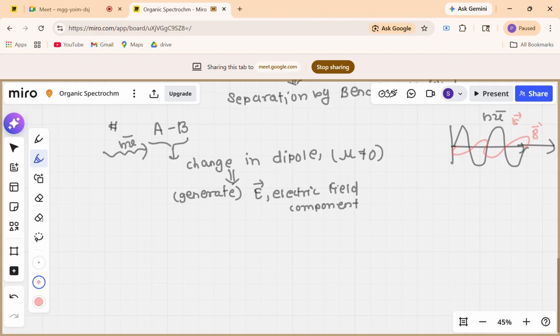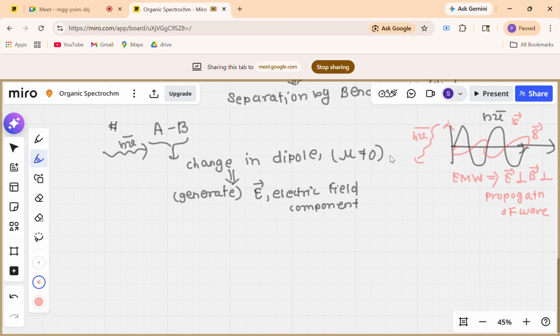There will be the electric field component as well as the magnetic field component, and both of them are orthogonal to each other, and that is also orthogonal to the propagation of your wave, right? So that we have studied in physics, the electromagnetic wave has the electric field component and magnetic field component, which are orthogonal to each other, and perpendicular to the direction of propagation.